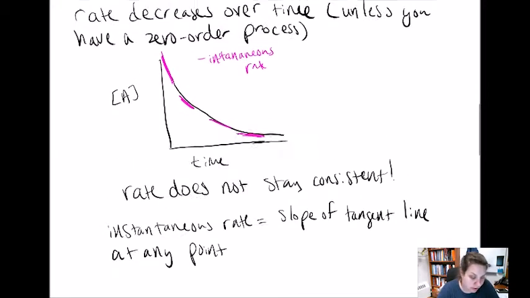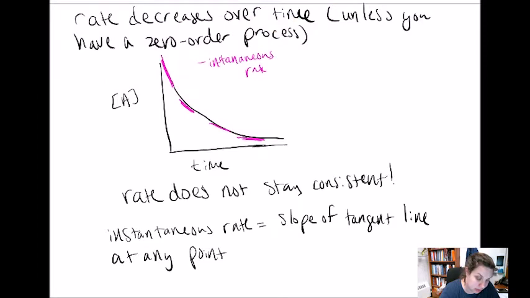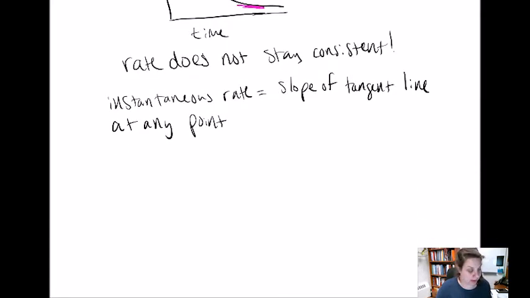And then the relative rate, what we were looking at before, was taking two points, such as here and here, and looking at their concentrations and their times. So the instantaneous rate will not be the same as the relative rate. But if a rate is reported, they're usually talking about an instantaneous rate.